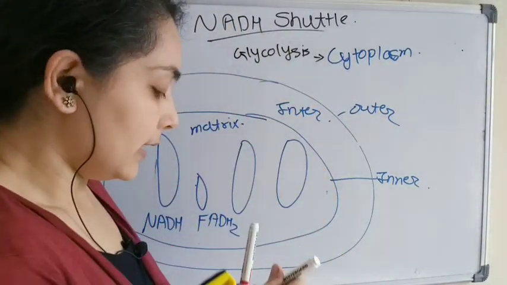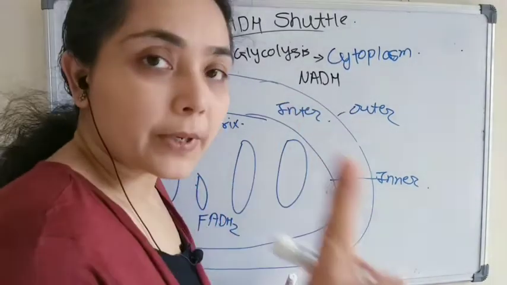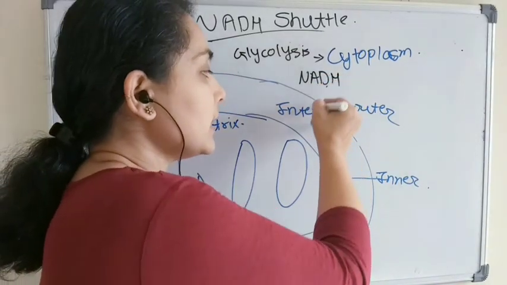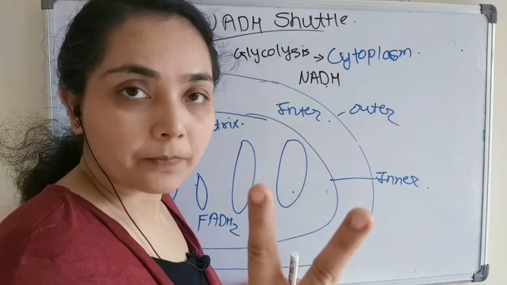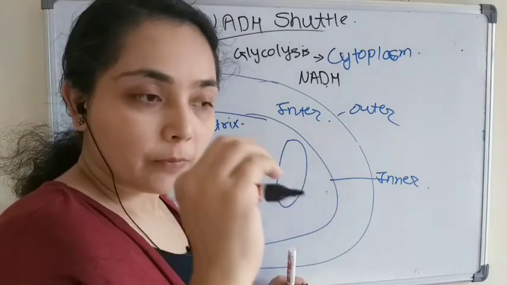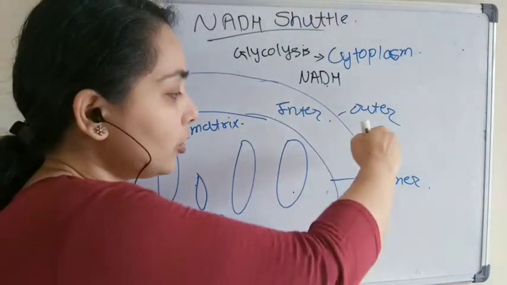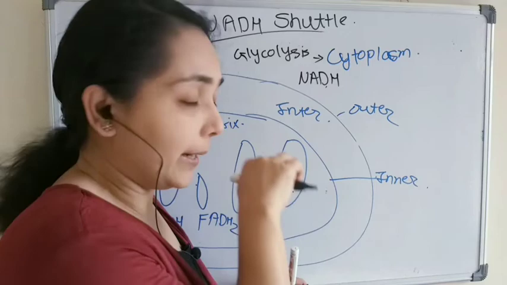So this NADH can transfer its electrons into the mitochondrial matrix through 2 types of shuttle systems. Some molecules, which we will discuss later, have access to enter the inner mitochondrial membrane and ultimately the matrix region.